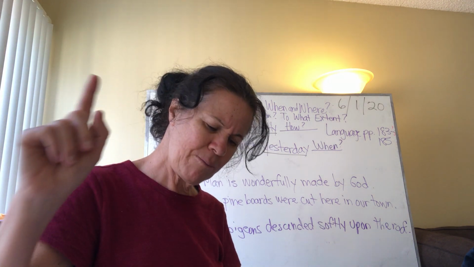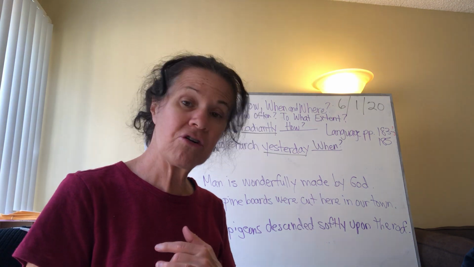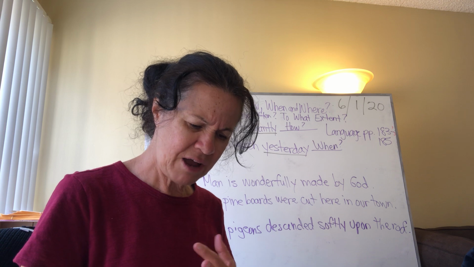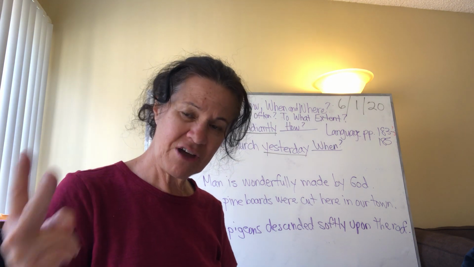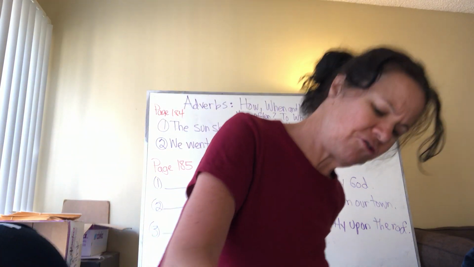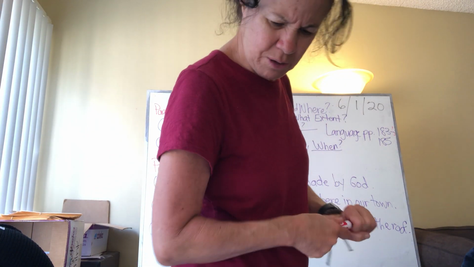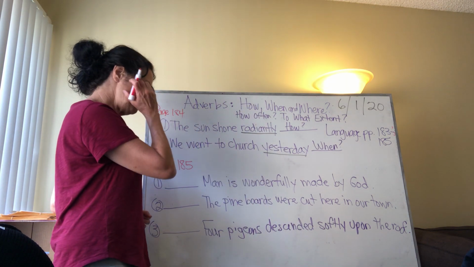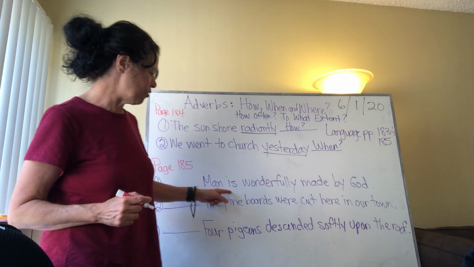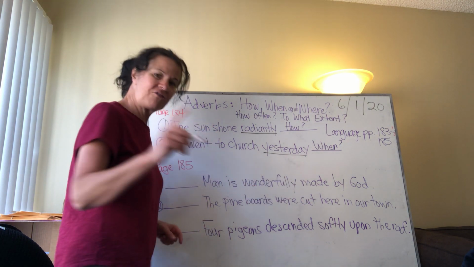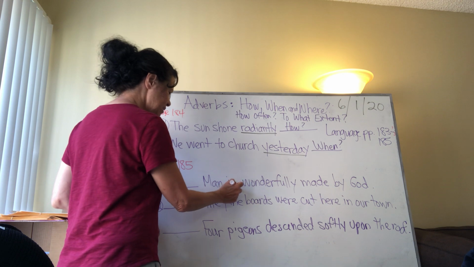On page 185, you're going to underline each verb 2 times and circle the adverb, and then see which question it's answering. So I'm going to do this in red. Our first one says, man is wonderfully made by God. So the first thing I'm going to do is circle my adverb, giving me details about the verb made. Well, no, let's find the verbs first. That's probably a little easier.